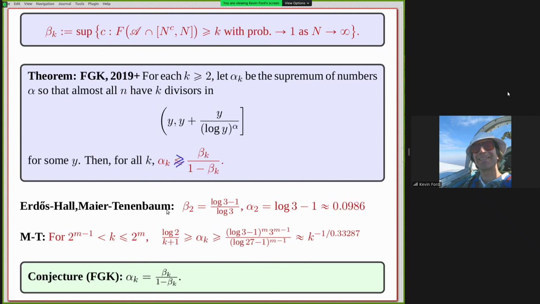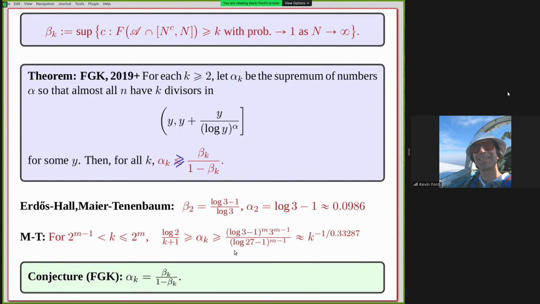So what was known before? Well, essentially from the Meyer-Tenenbaum analysis, you can get an exact value of beta 2. In fact, what they proved was an exact value for alpha 2. So alpha 2 is this number involving the log 3, which is no real mystery where the log 3 comes from.